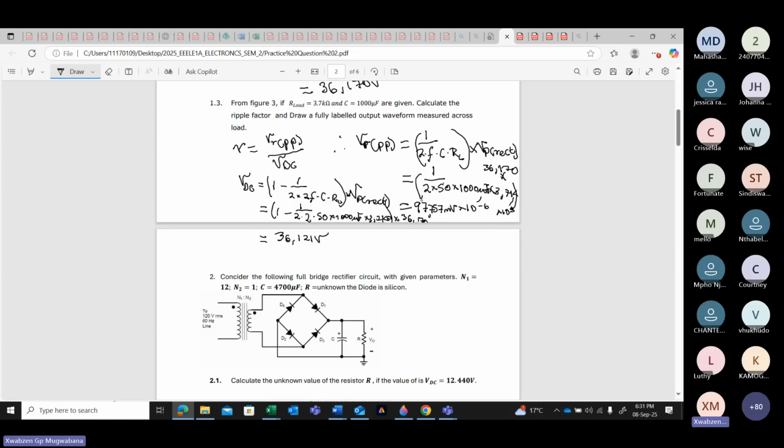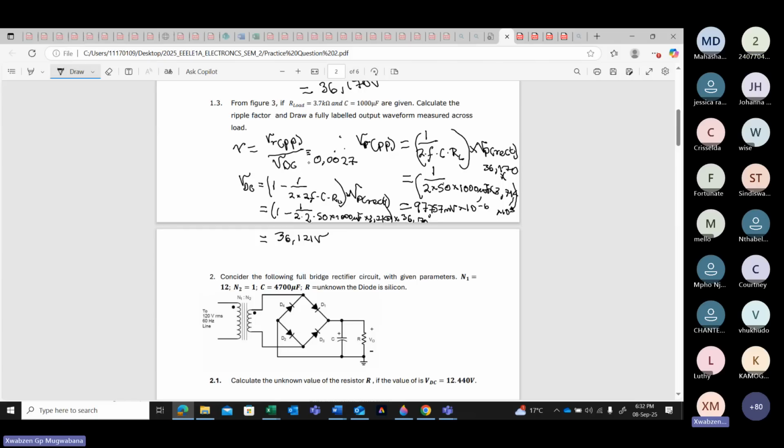Your V ripple peak to peak is 97,757 millivolts, divided by your VDC, which is 36,121 volts, which will give you what? Your ripple factor is 0,027.